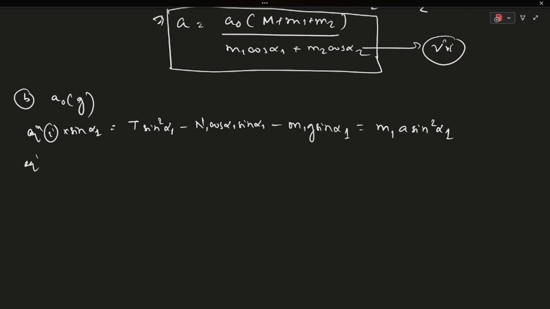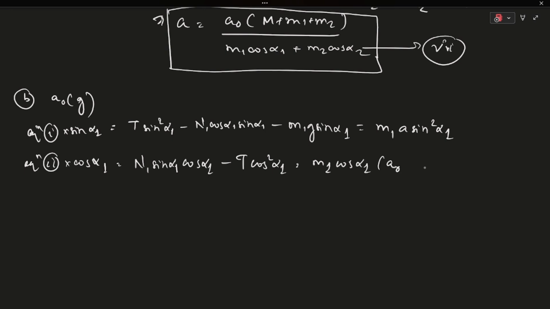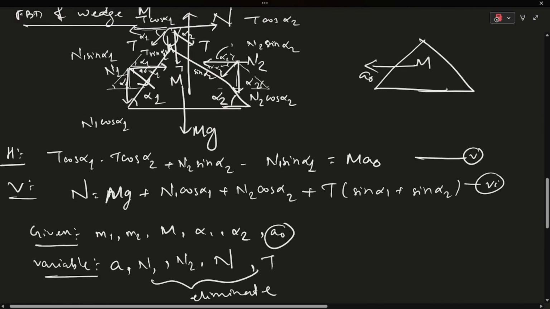Then equation 2 with cos alpha 1: this becomes N1 sin alpha 1 cos alpha 1 minus T cos squared alpha 1, which equals m1 cos alpha 1 (a naught minus a cos alpha 1). This is correct.